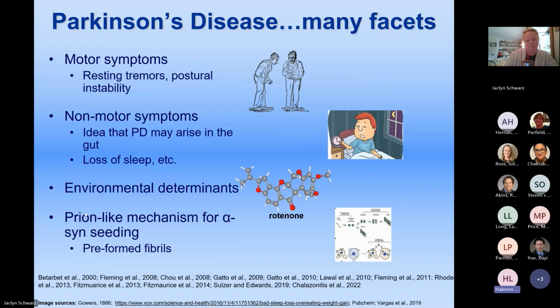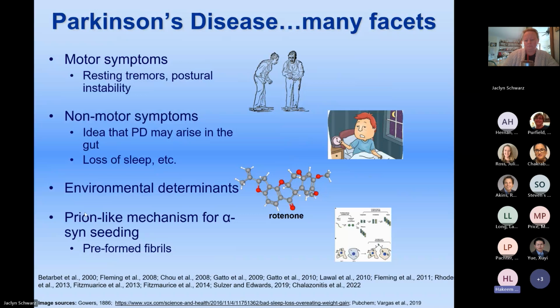I'm going to be talking to you also about the environmental determinants, specifically rotenone, but there's a lot of compounds. There's a whole host of chemicals that we're exposed to in the environment, thankfully, some of them not as much as we used to be, that raise your chances of getting Parkinson's disease.